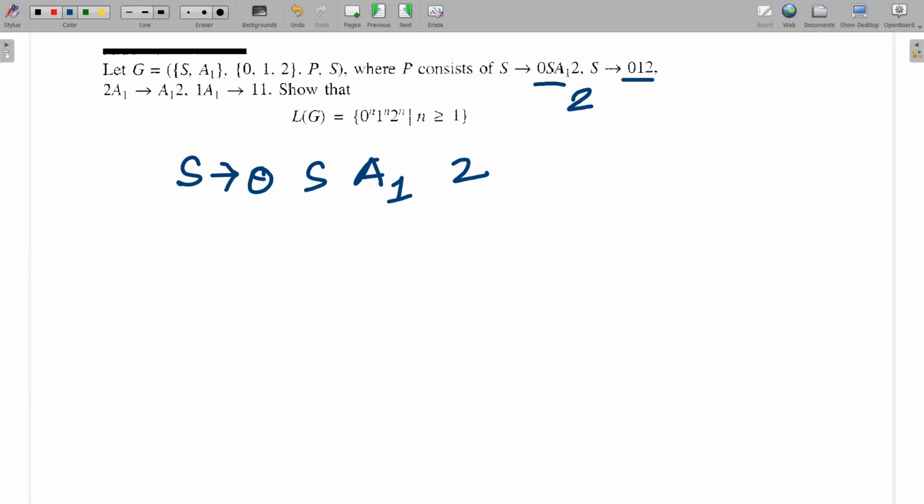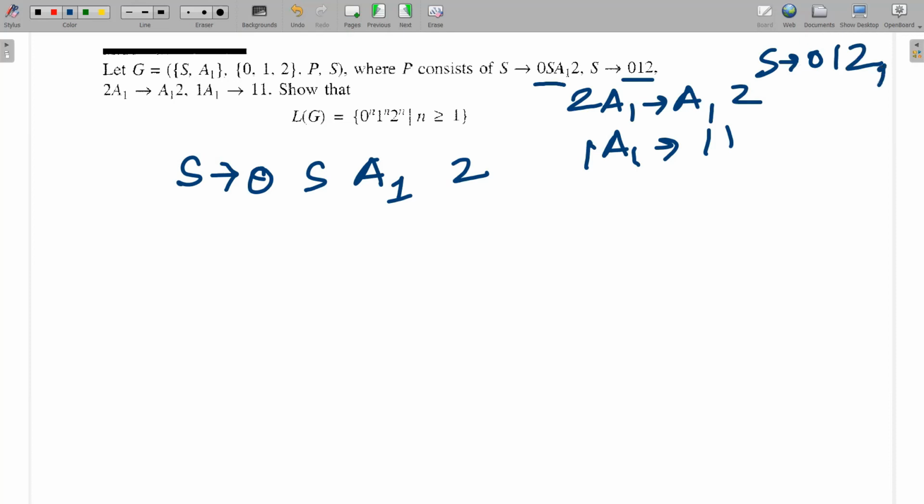You have written 2A1 generating A1 2, and this is a context sensitive grammar, guys. And 1A1 is 11. So I can use this to prove it. We have already got S generating 012, which is the starting of this. So we need to put A1 value as 2A1 value, which is A1 2.